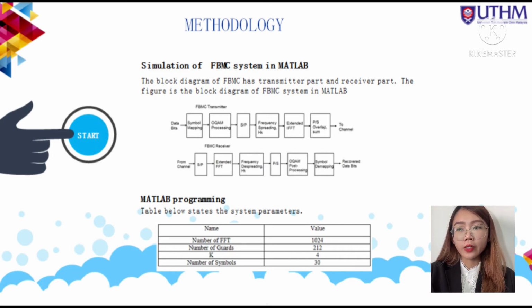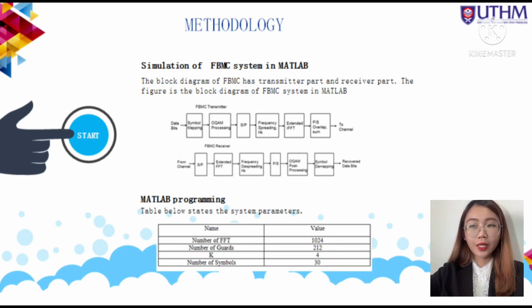While in the receiver part, starting from the channel where the data bits were sent, and then to SP and then extended IFFT and frequency spreading, PS and OQAM post-processing, demapping, and lastly recovering the data bits.